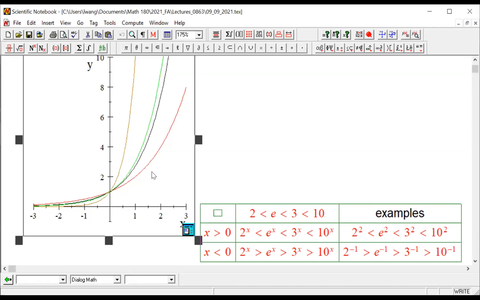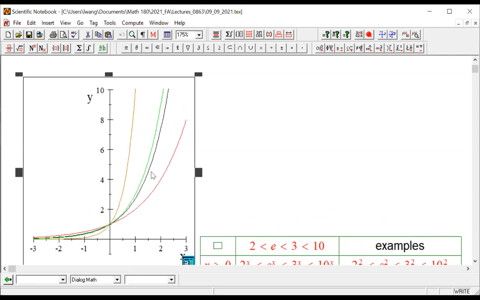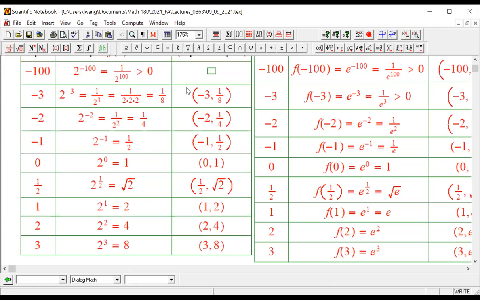How do you get those curves? The same method. I'm not going to do 3 to the power x, but you know how to do it, right? You're going to basically do the same thing with base 3. For 10, you're going to do the same thing with base 10.